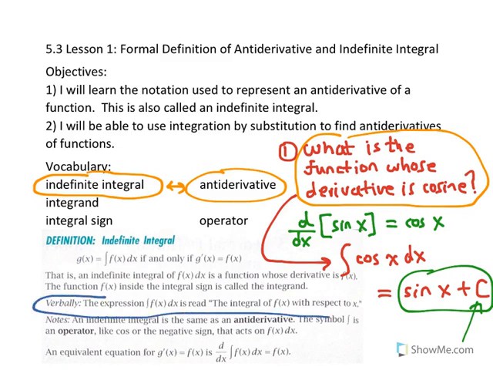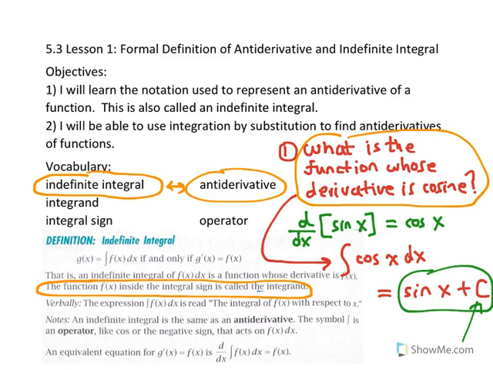So how do we read this notation verbally? We're going to read this as the indefinite integral of cosine x with respect to x. What do we mean by the integrand? The integrand is the function inside the integral sign.